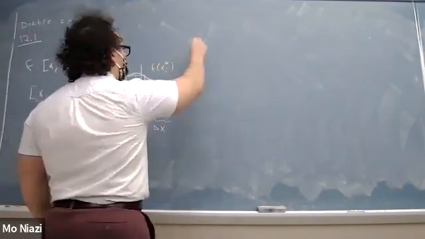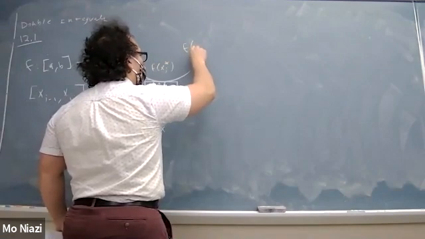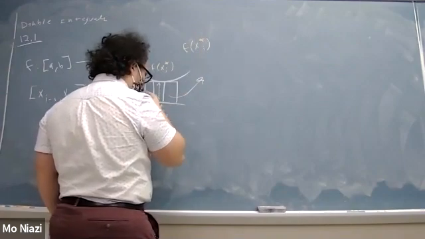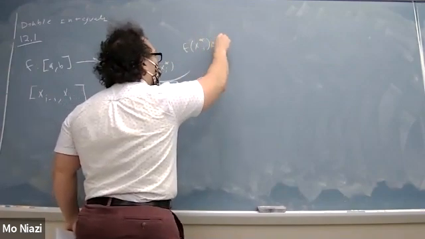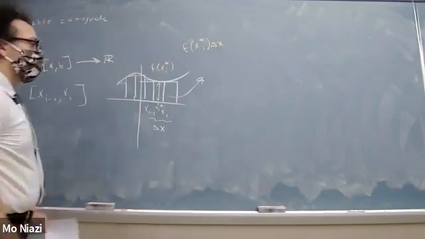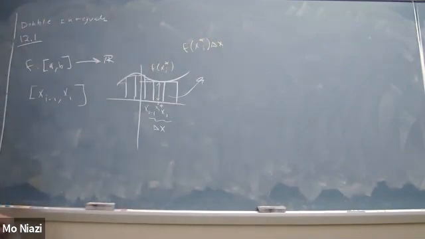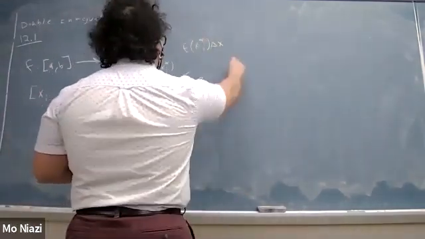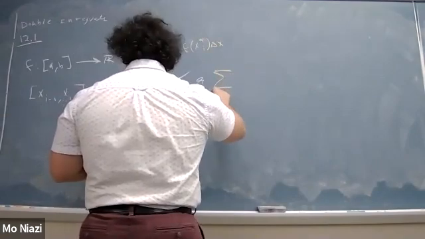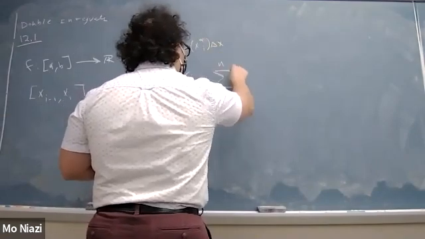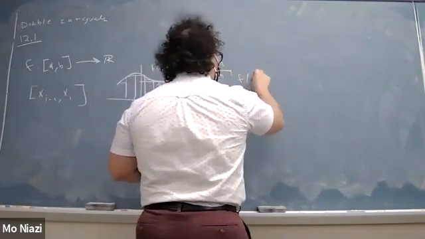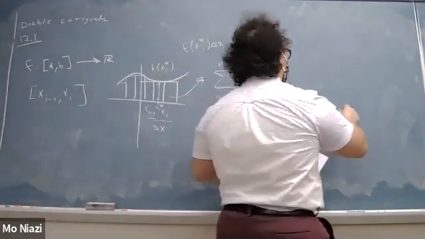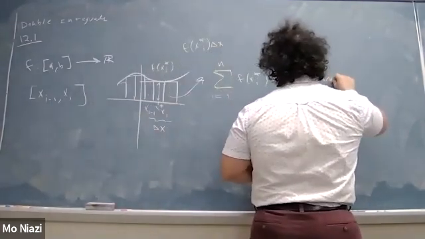So you'd say that one rectangle is length times height. So here's our height times our length, delta x, right? So all of them gives me the sum from i equals 1 to n of f of x_i star delta x. And that implies this is how we define the limit.